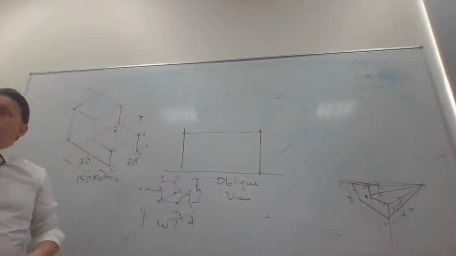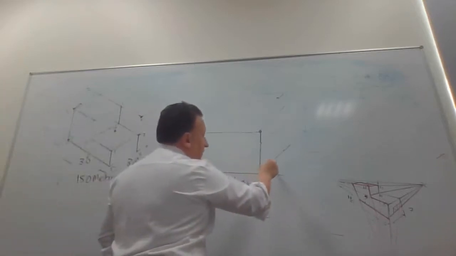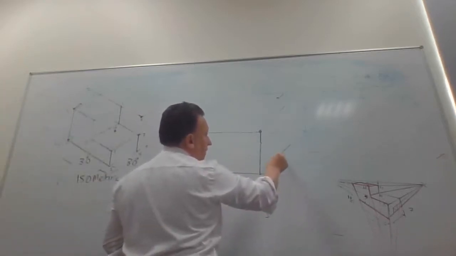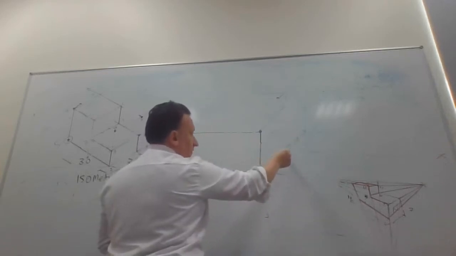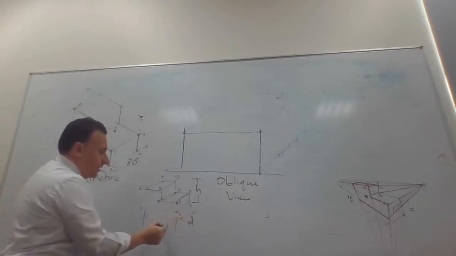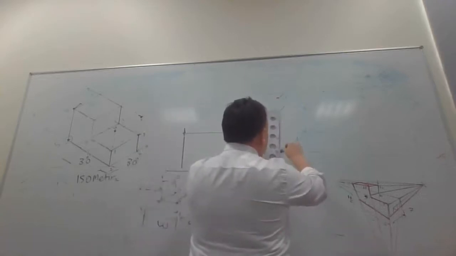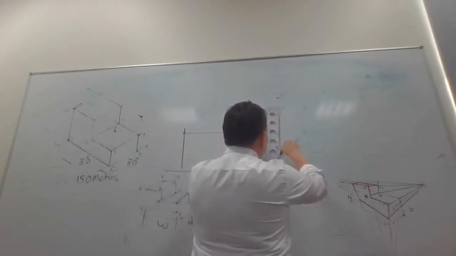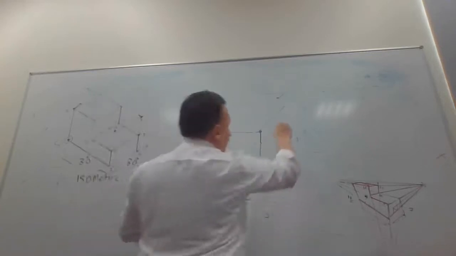Okay? Now you decide, where should I end this object? Should I end it here? Should I end it here? Should I end it here? The second one. Because the depth of the object is less than width. Okay? So at this point, draw what? Vertical. Until you reach here.